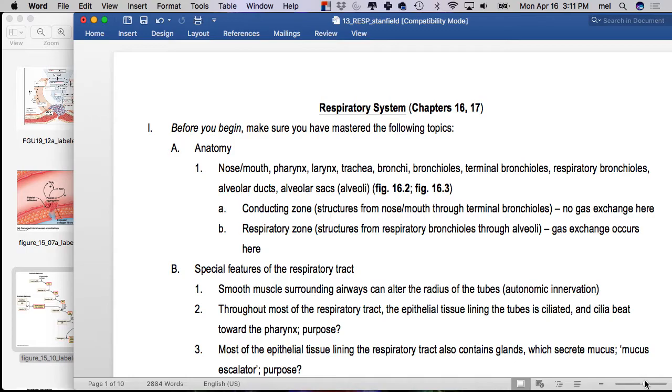After we get the air in, we need to start doing gas exchange, which is respiration. So ventilation is breathing, respiration is gas exchange. After we get the air in, really all we deal with is gradients to move the gases.